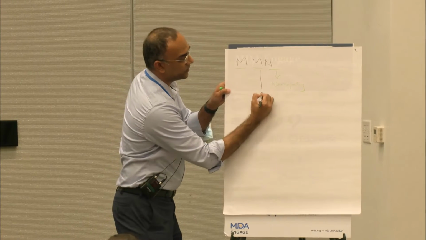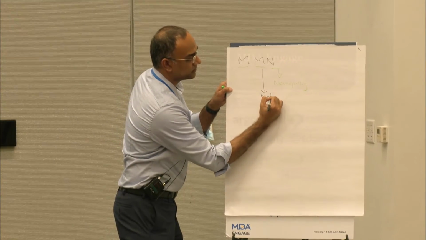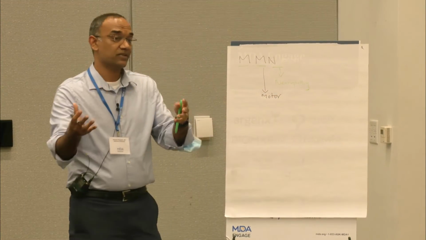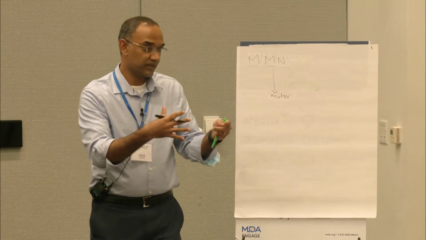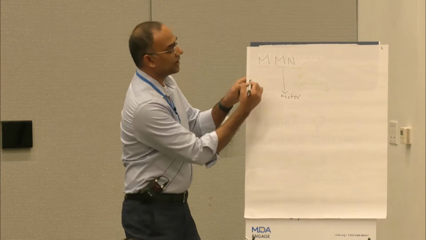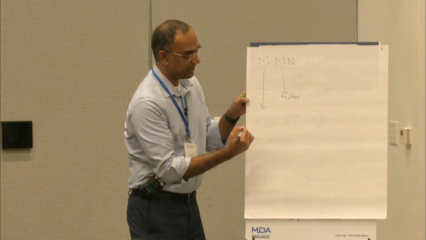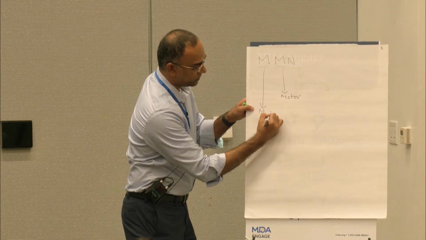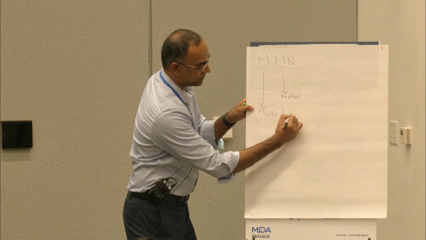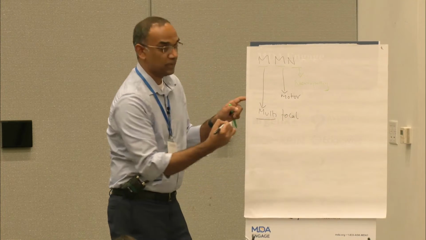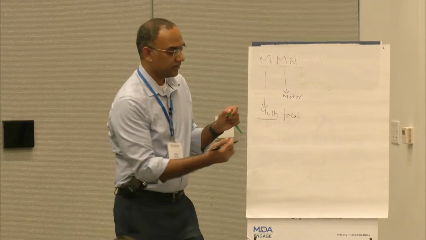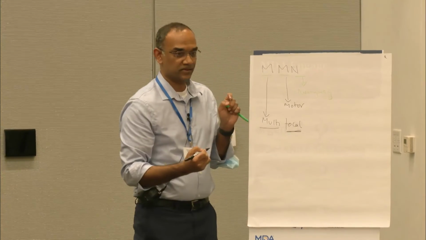M stands for motor. Motor refers to strength. Sensory refers to sensation. And then here, M stands for multifocal. Multiple areas, focal areas of the nerve.